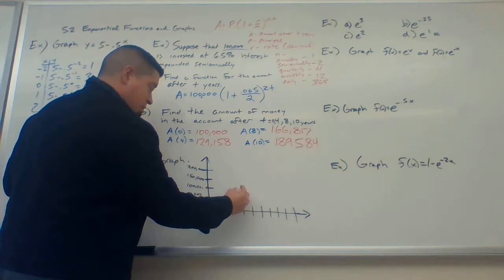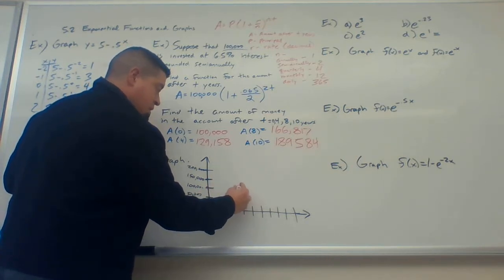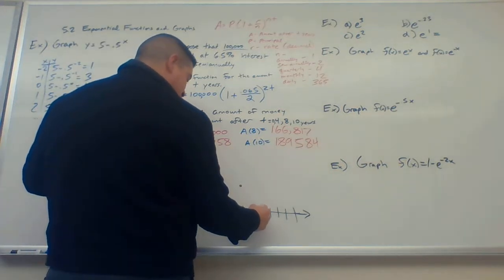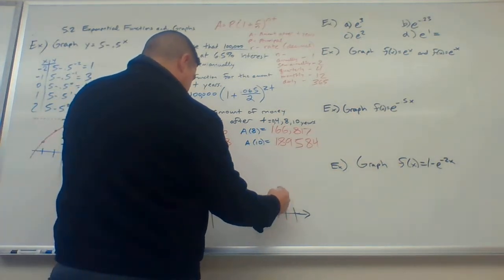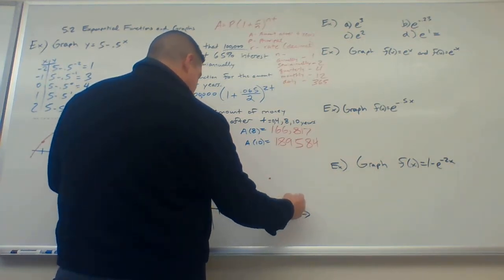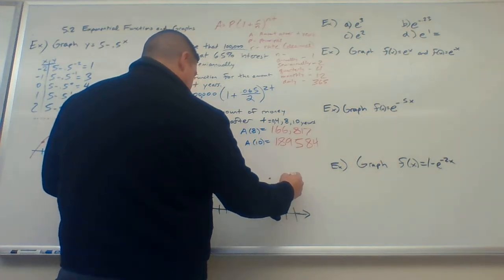My second point would be about here. 8, 166,000. Should be about right here. And then 9, 189,000. I'm sorry, 10.